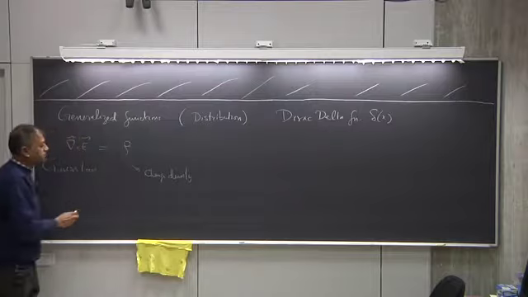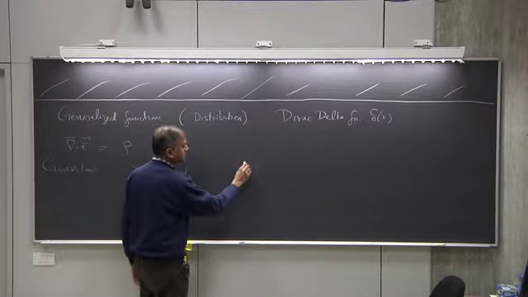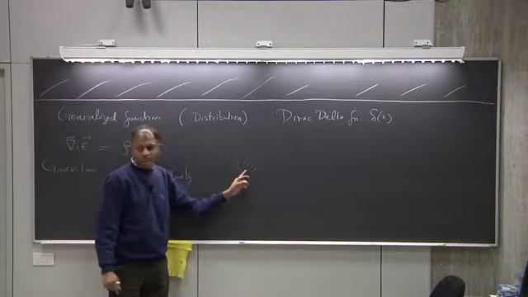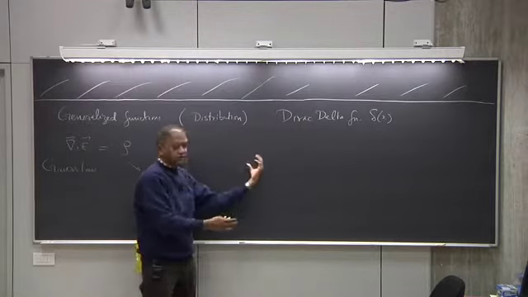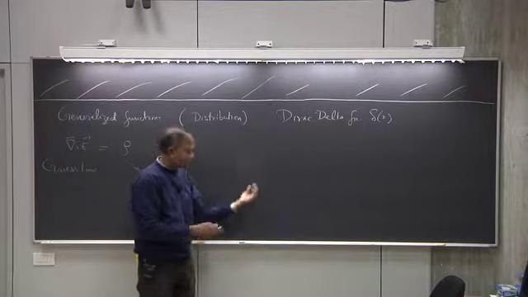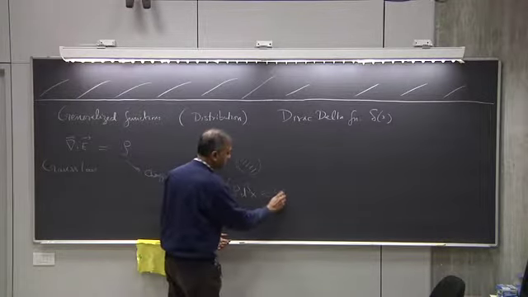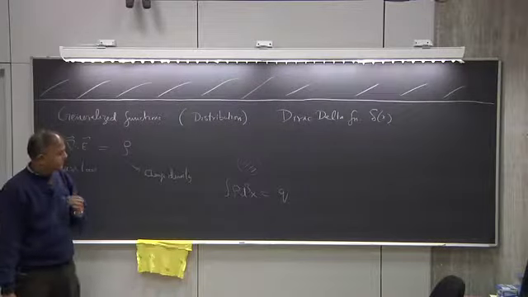You can imagine the situation that there is some object here which carries some charge, and there will be some charge density. The integral of the charge density will give you the total charge, Q. Q is the total charge, let's say.